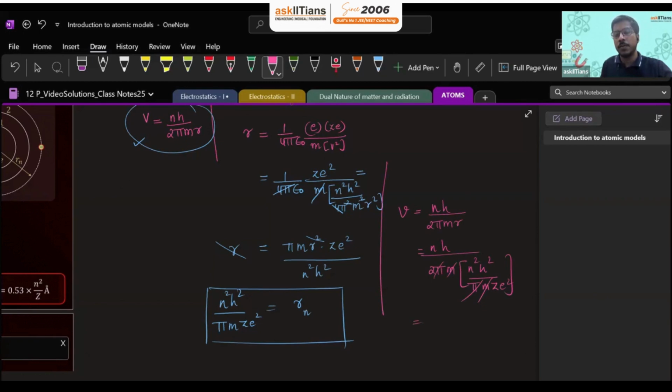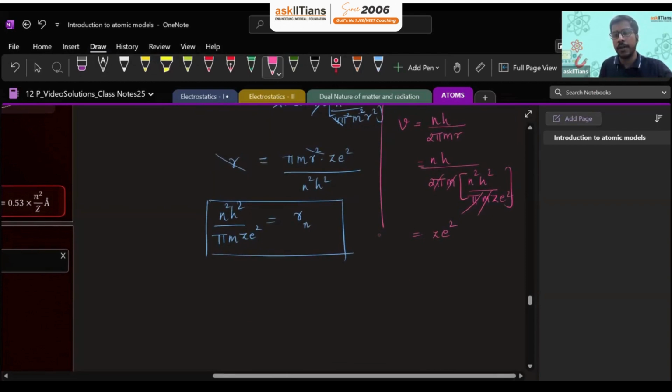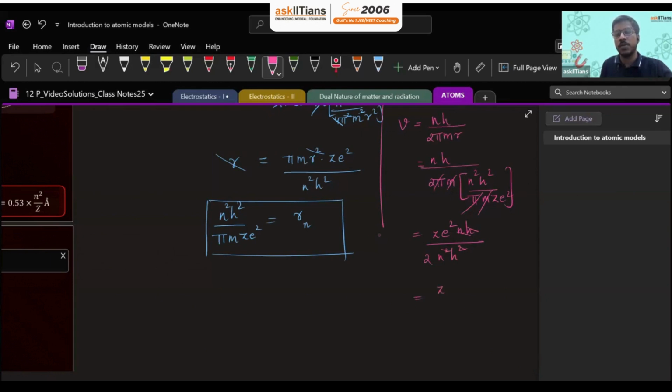So this becomes z e square, nh by n square h square, and there is also a 2 here. So this nh cancelled out, so this expression becomes z e square by 2nh.